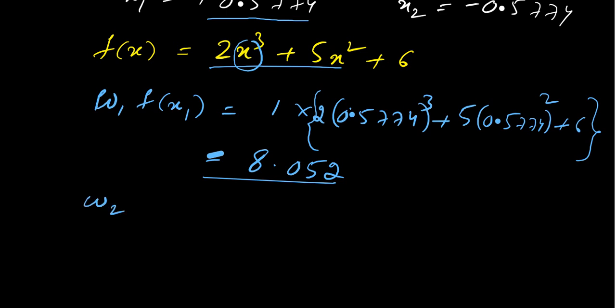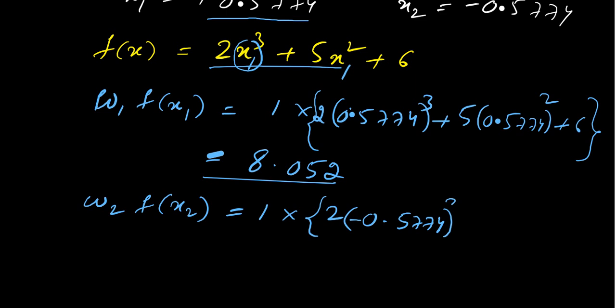Similarly, we will go for w2 f of x2. For x2 we will make the calculation. Again w2 is 1 into, opening the bracket, 2 into minus 0.5774 whole cube plus 5 into minus 0.5774 square plus 6, close the bracket.